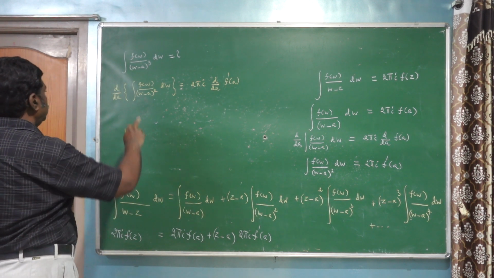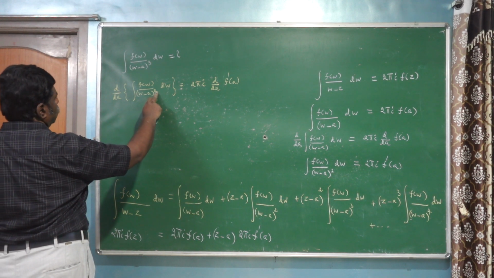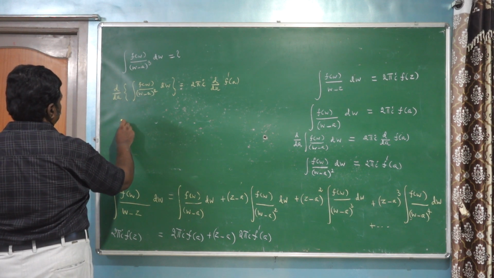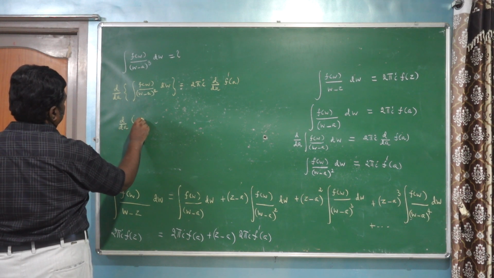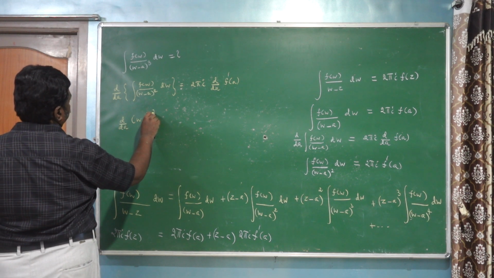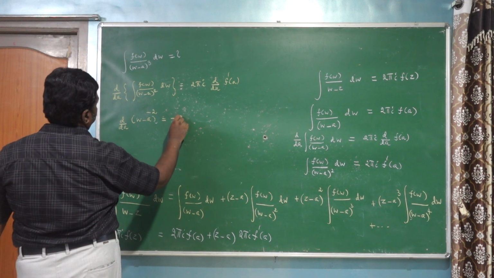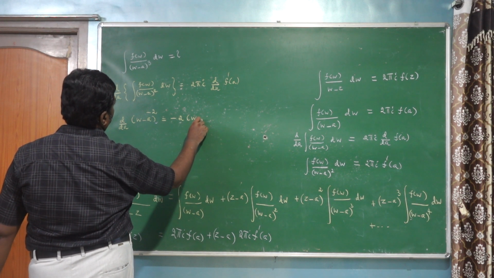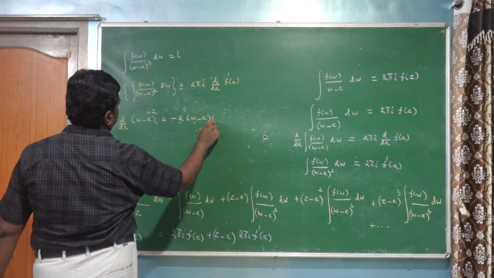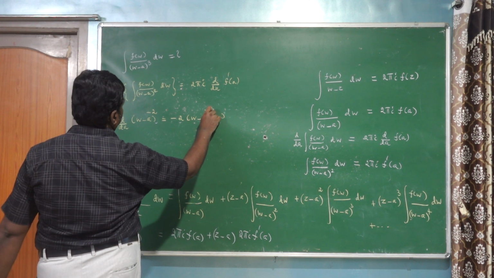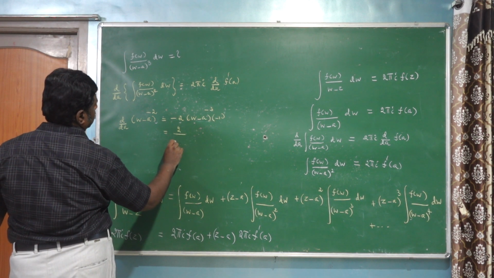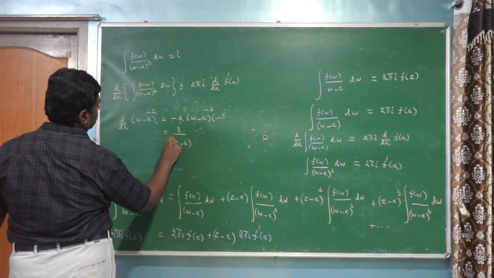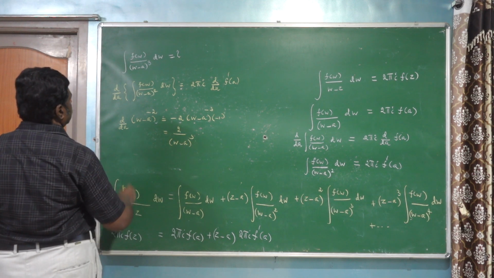Here the variable is (w minus a) power minus 2. So d by da of (w minus a) power minus 2 is minus 2 into (w minus a) power minus 3 into minus 1, which is equal to 2 divided by (w minus a) cube.